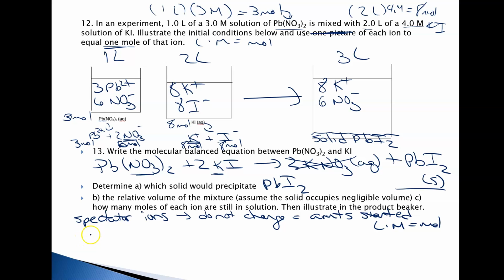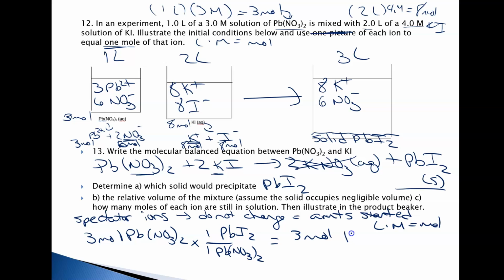However, some of the Pb and some of the I turned into my solids, so I have to determine the limiting reactant. So if I have 3 moles of Pb(NO3)2, that's my reactant. It takes 1 Pb(NO3)2 to make 1 PbI2. It could make 3 moles of the solid.